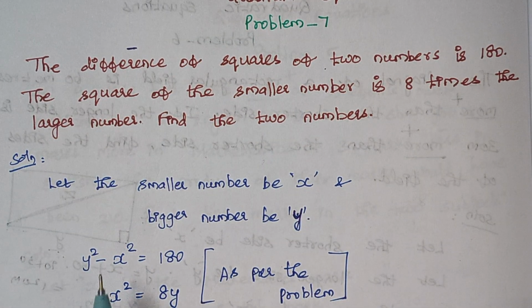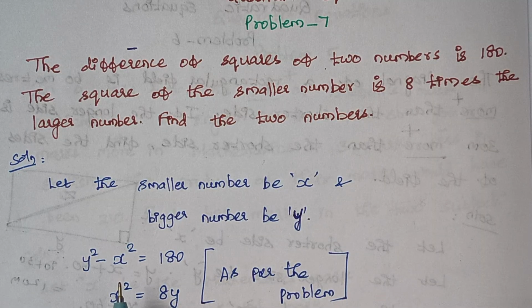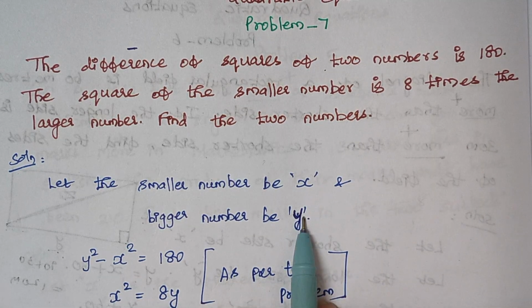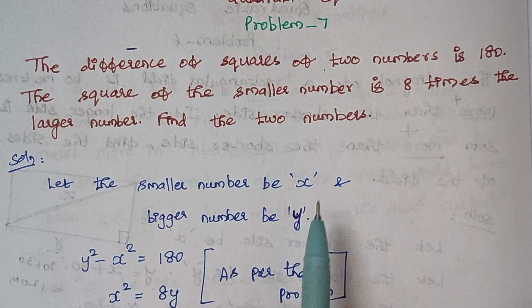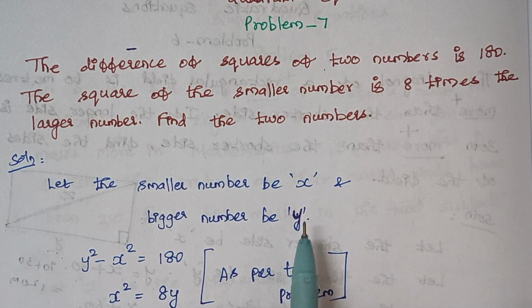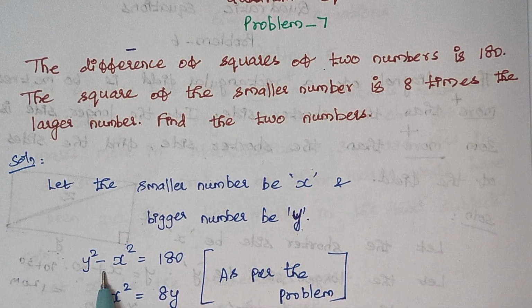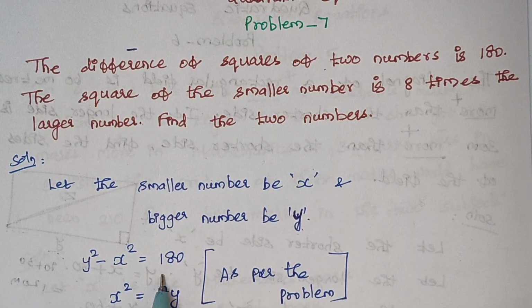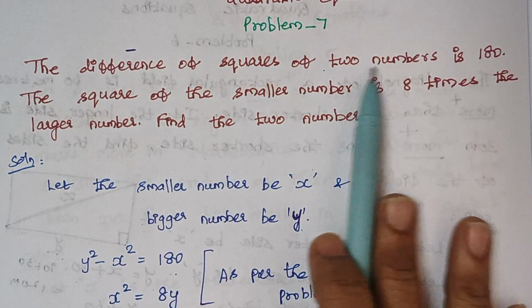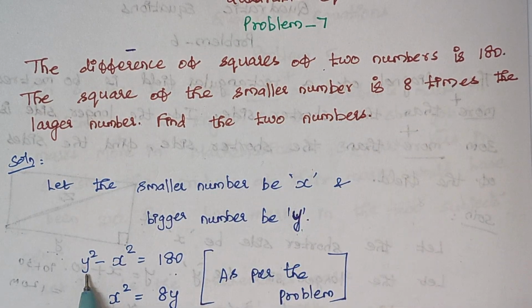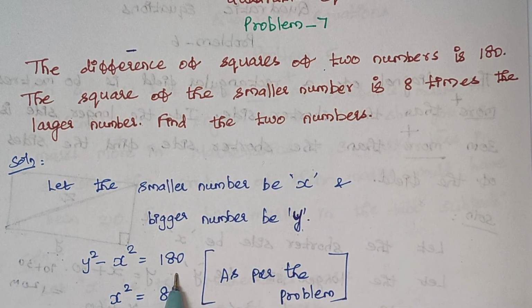The numbers are x and y and the squares are x square and y square. Here y is the bigger number, so we are subtracting x square from y square. Therefore y square minus x square is equal to 180. So the difference of the squares of two numbers is 180, and this is what is written in the form of an equation here.